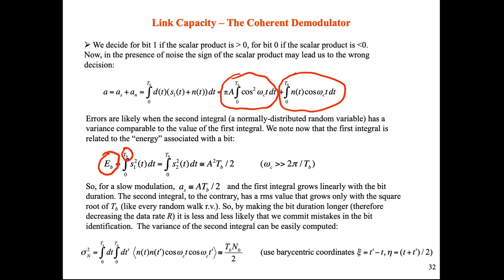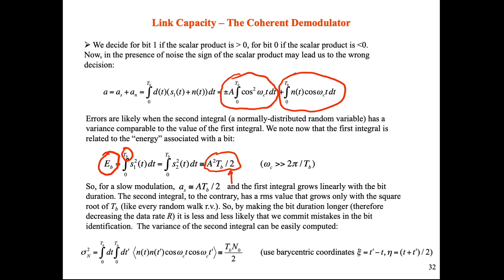And since the average of the cosine squared over a cycle is 1/2, this energy per bit, E_bit, contains this factor of 2 and is equal to A squared T_bit divided by 2.